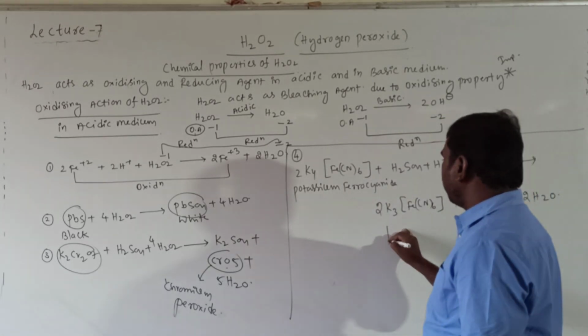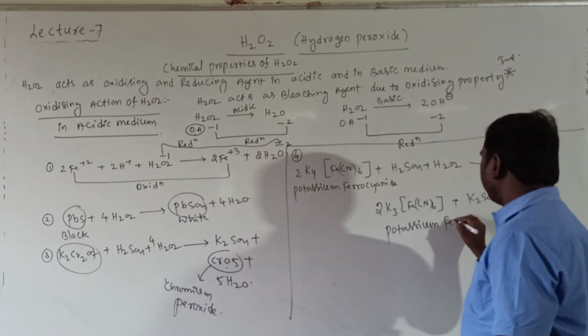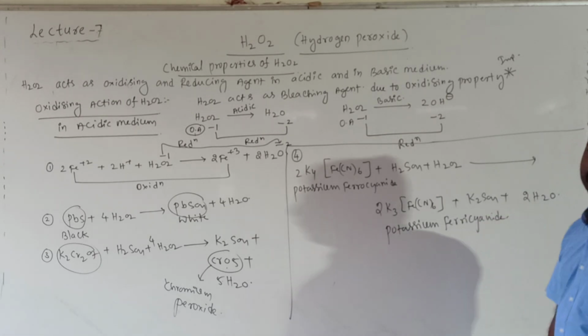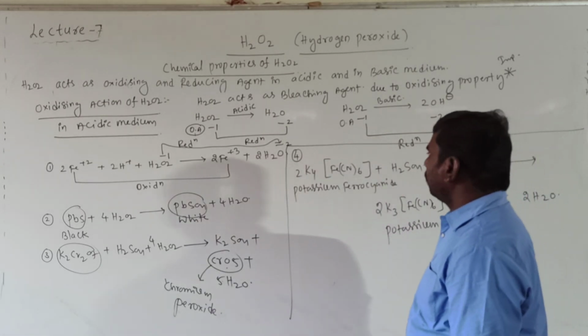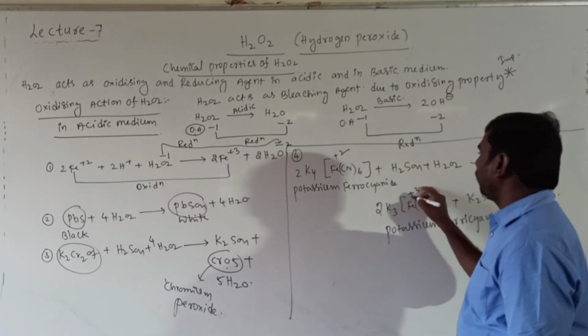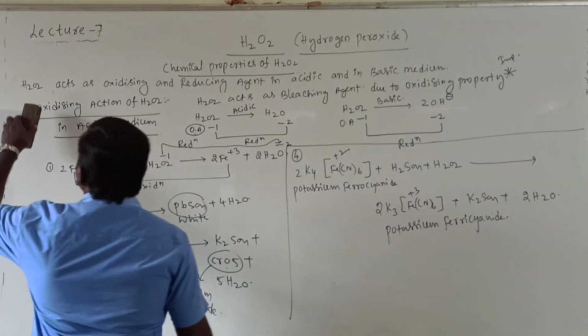Potassium ferrocyanide is converted into potassium ferricyanide. Here it is plus 2, it is plus 2. Same equation repeated here.